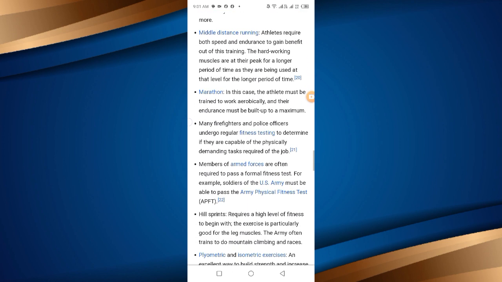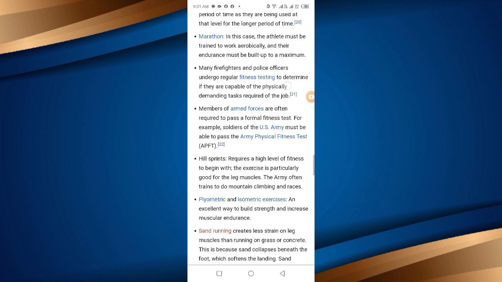The middle distance running. The athlete requires both speed and endurance to gain benefit out of this training. The hard-working muscles are at their peak for a longer period of time as they are being used at that level for a longer period of time.